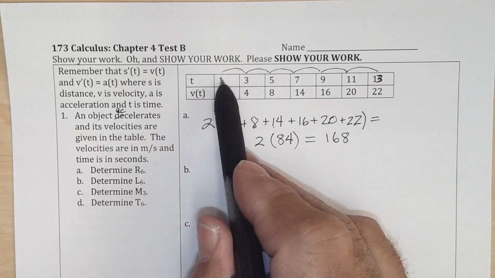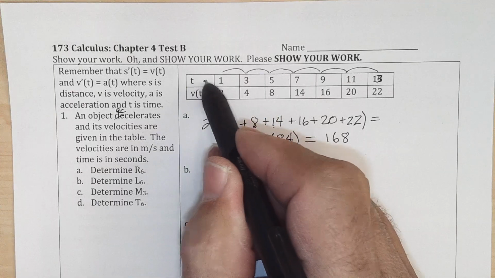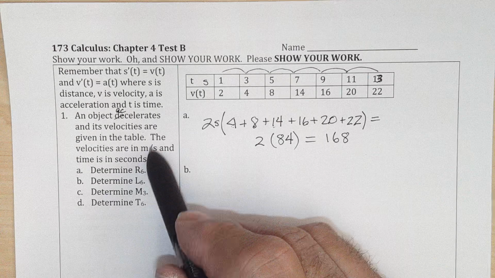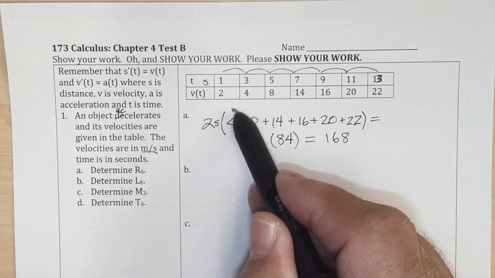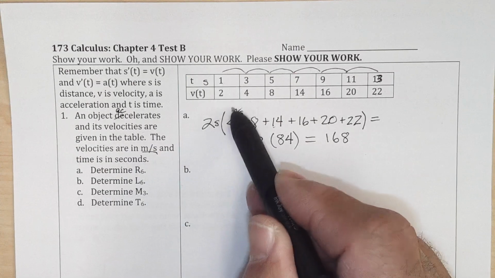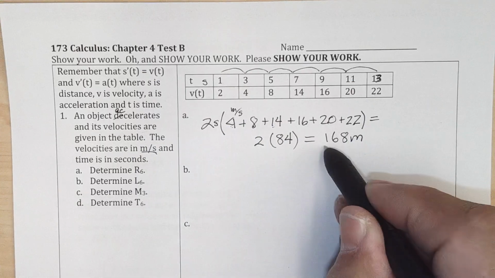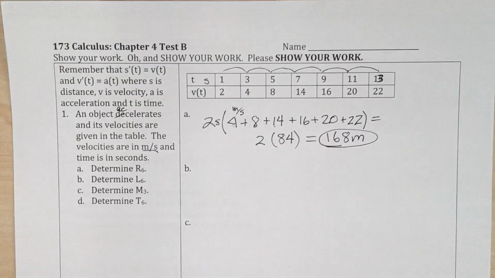And the width is in seconds. And these heights are the velocity, which are in meters per second. So seconds times meters per second, the seconds cancel, and we get the distance it changes is 168 meters.